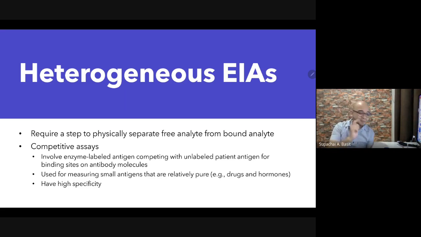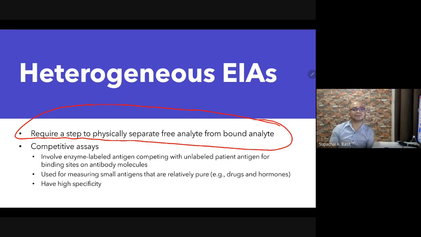This is the most important requirement of heterogeneous enzyme immunoassay: it requires a step to physically separate free analyte from bound analyte. Free analyte came from the patient sample. Bound analyte came from the manufacturer, so it is a part of the reagent.